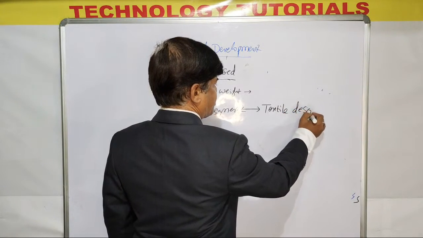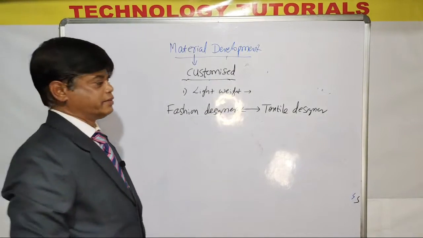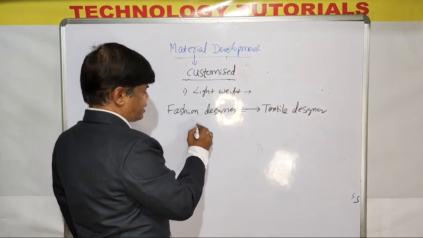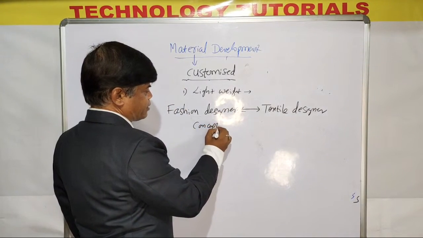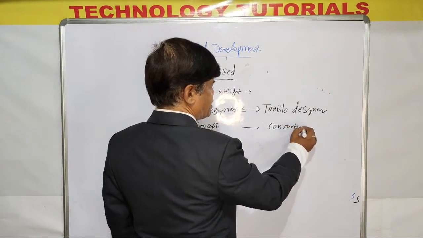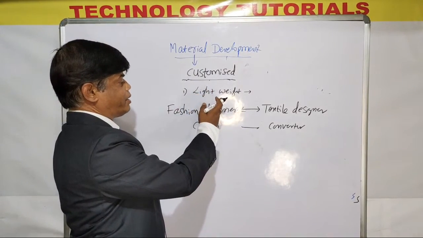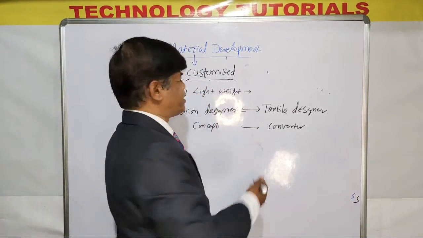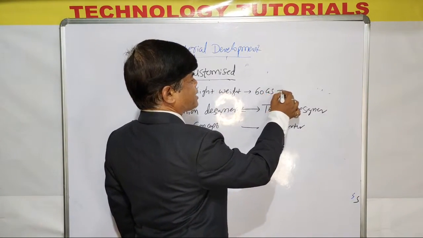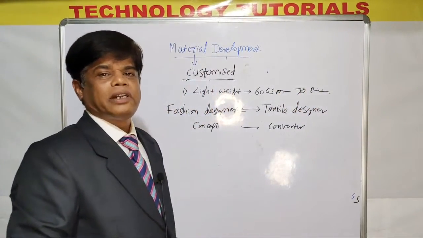Textile designers differ in knowledge from fashion designers. Fashion designers have the concept, but he is a converter. Correct? Like he is saying fabric development lightweight, and a fashion designer will approximately tell you to go for 60 GSM, or a maximum of 70 or 80 GSM.